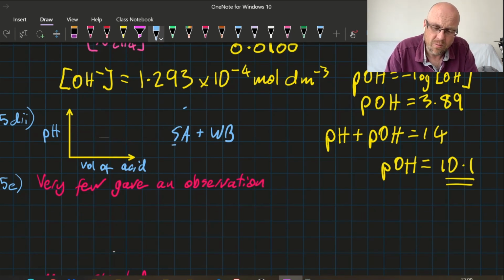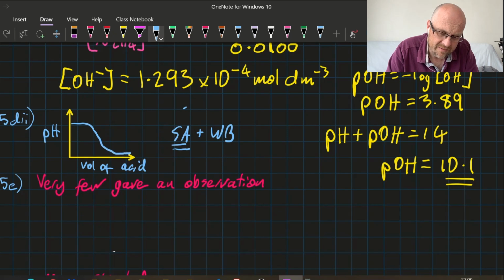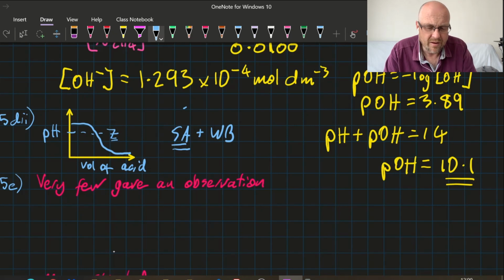It's going to be shifted towards the strong acids, towards the lower pHs. So maybe 7 is about here, pH 7. The point of inflection is shifted down towards the strong acid.